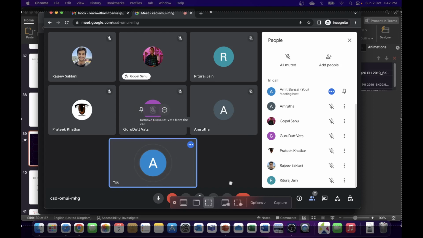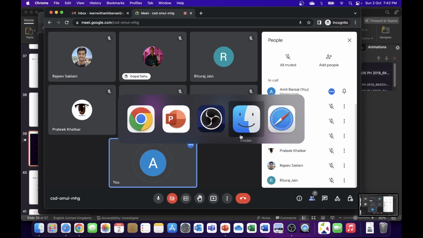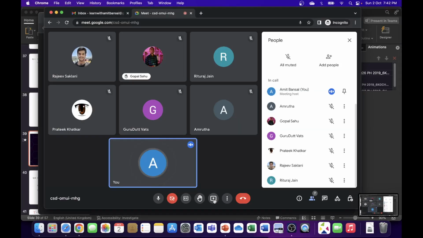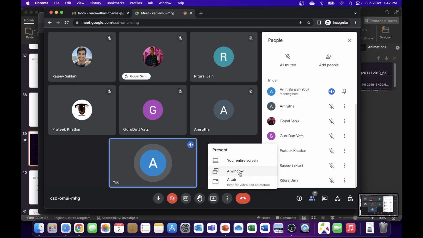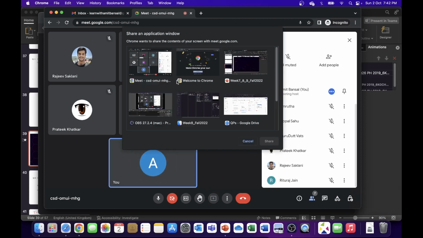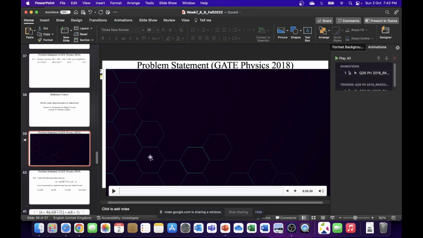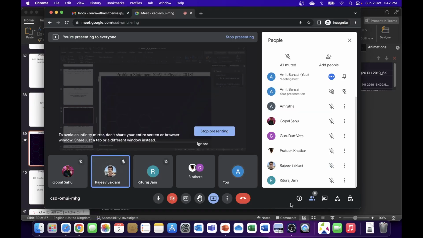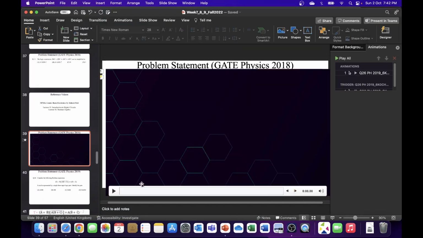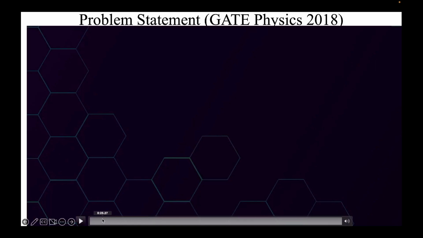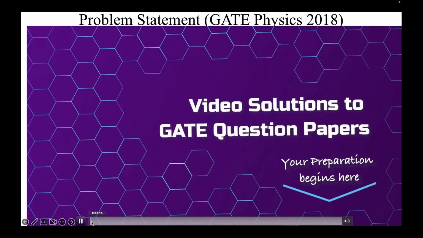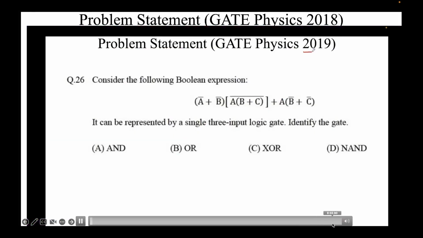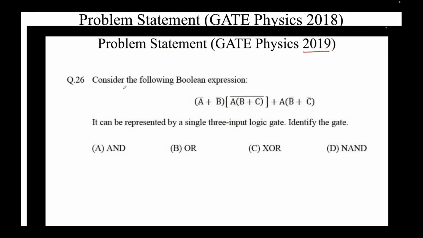Just 1 second. Okay, we'll now move to the next question. Let me share my screen again. I hope it's visible. Okay, so let's do this. The problem from GATE Physics 2019 reads as follows.